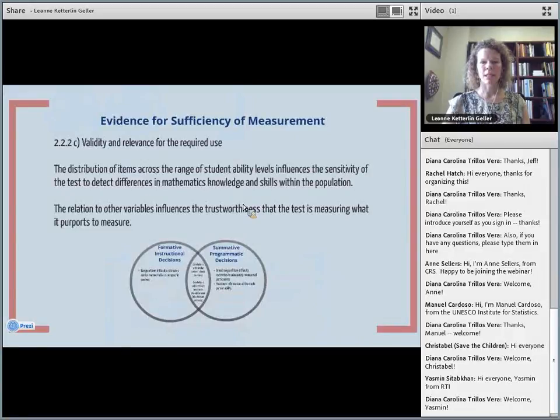And we also want to look at the relationship of the results with other variables to help us evaluate the trustworthiness of the test for making the decisions that we're wanting it to make.